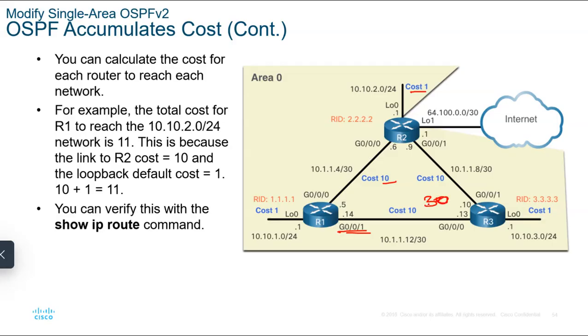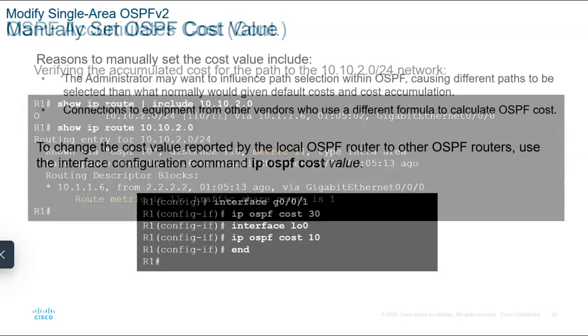If we disable this interface, of course it's not going to use this, it will use this. So it will be 30 plus 10, then plus 1, which is this, totaling 41. Is it what we have?